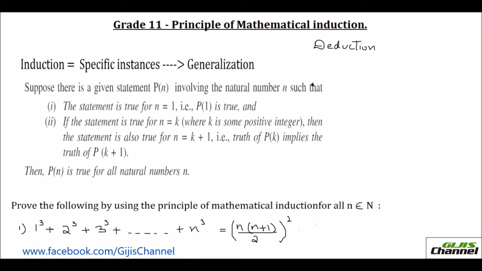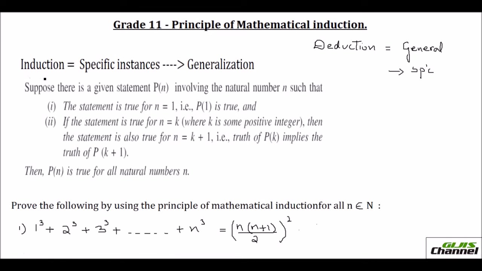In deduction, we take a general formal rule which has already been established and apply it to specific cases, and we get the results. We use a generally accepted formula for specified cases and arrive at the result.